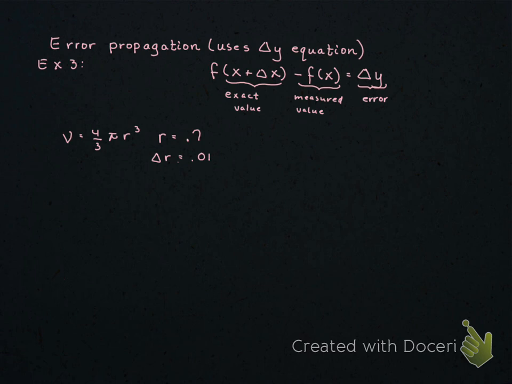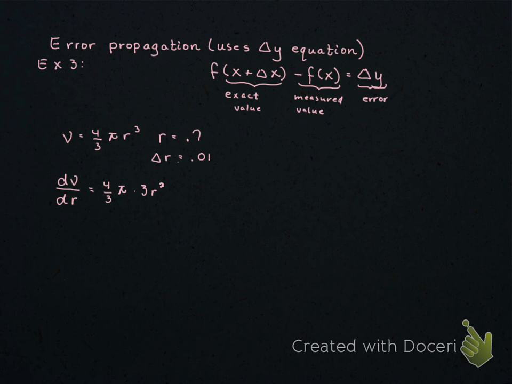Anyway, okay, so what we're going to do is find the derivative with respect to the radius. Okay, dV/dr equals 4/3 pi, remember those are constants, times 3r squared.